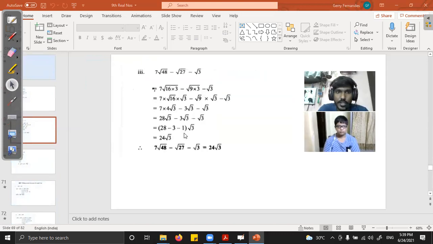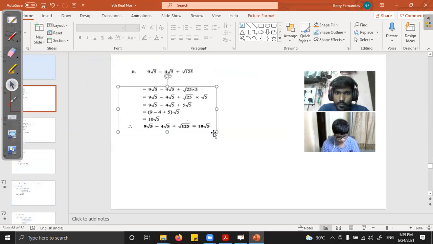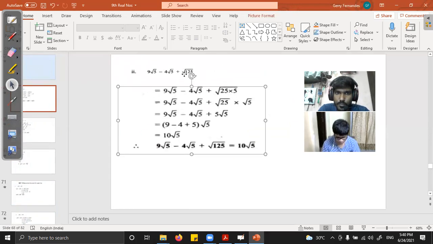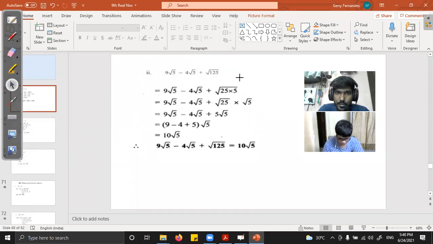And this one also we corrected. Okay, I didn't check this one. Did you get 10 root 5 only? The second one. Yes, I think I did check this.